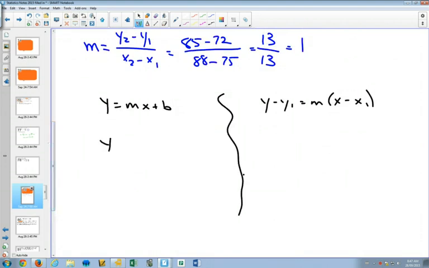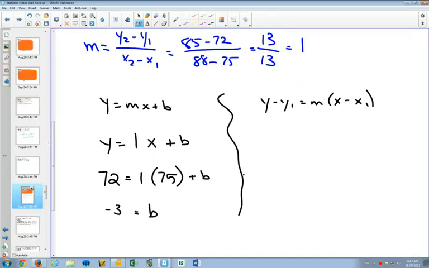What we know right now is the slope. We don't know the b value. But all we have to do is choose one of our points. So if I choose my mean point, where y was 72 and x was 75, and subtract 75 on both sides, I'm going to get a b value of negative 3. And then I could write my equation as y equals x minus 3.